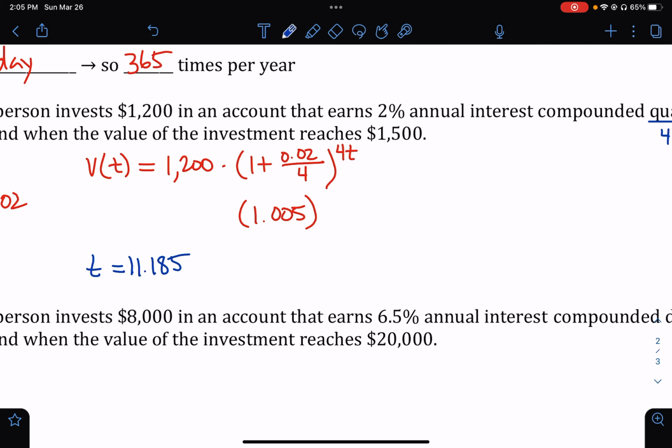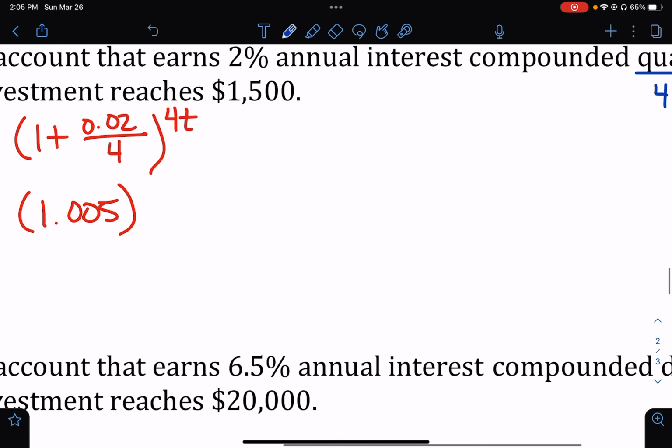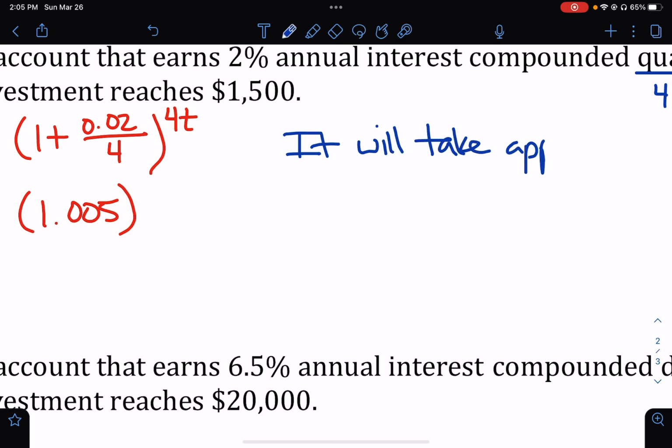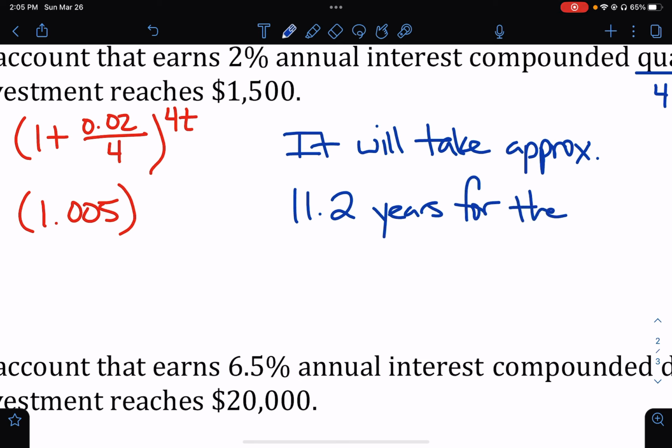So we can say it will take approximately 11.2 years for the value to reach 1,500.